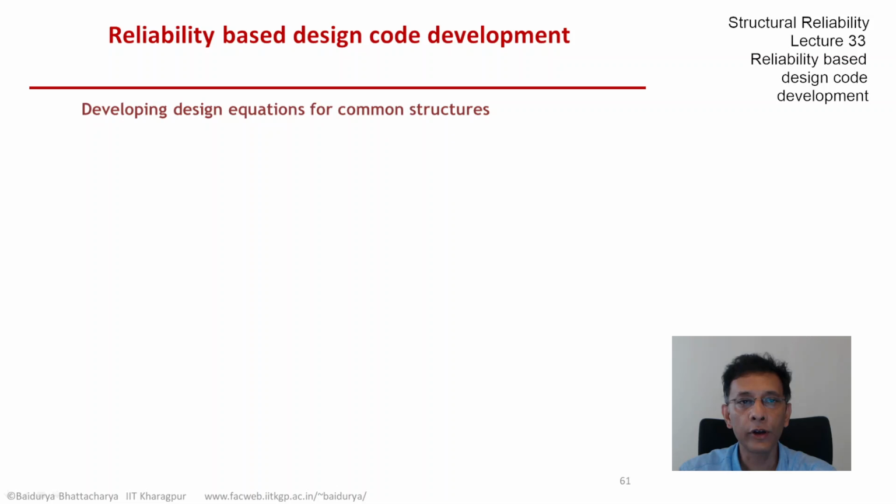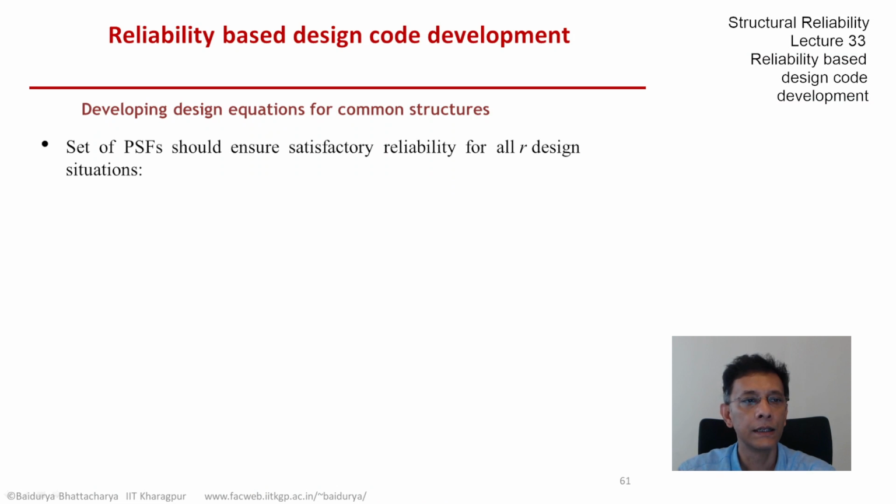Now, focusing on these PSFs, this is what we want. The set of PSFs should ensure satisfactory reliability for all the R design situations. By design situations, we mean either different element groups, different loading configurations, etc. In our cable example, it was basically possible values of Wn over Qn.